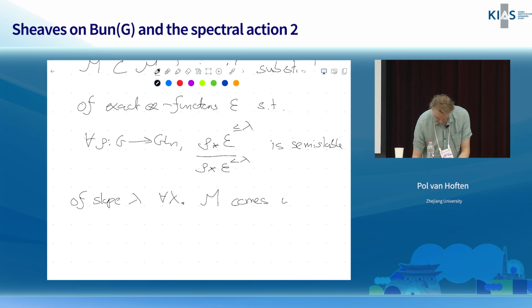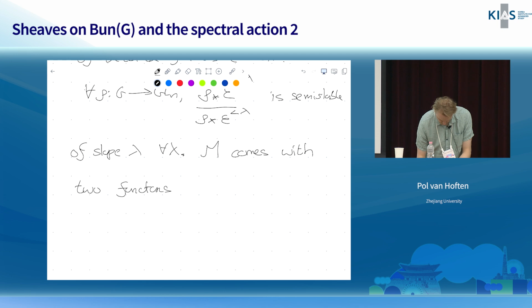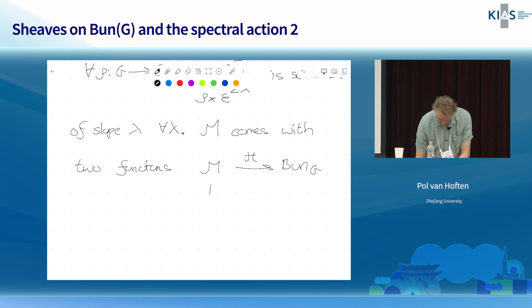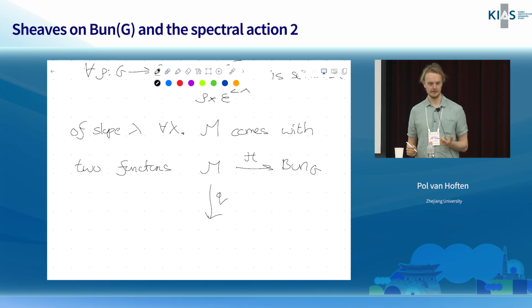M comes with two functors. The first is just the forgetful one, forgetting the filtration, and the other one is Q, which is like associated graded.